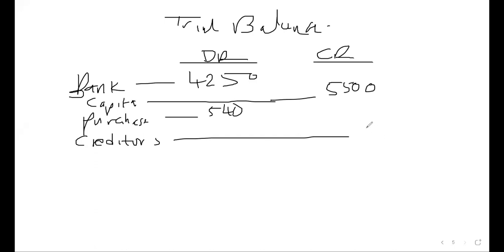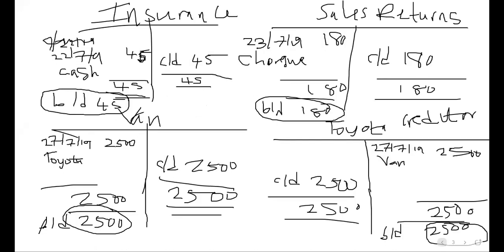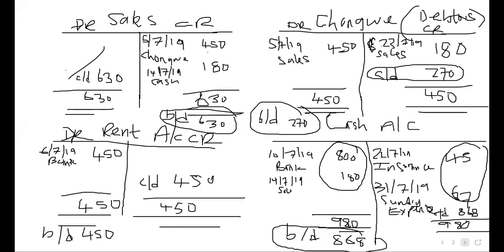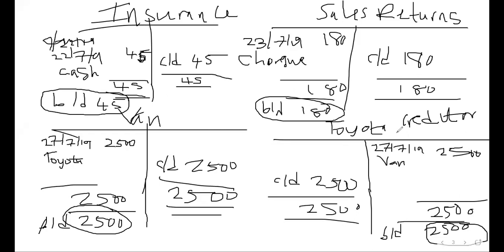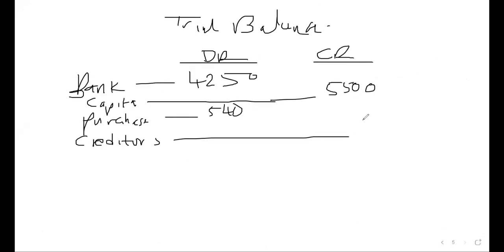Okay, so 540 plus 25 is what? The 25 came from the Toyota Zambia, because these are also creditors. We bought on credit. So 3,040.